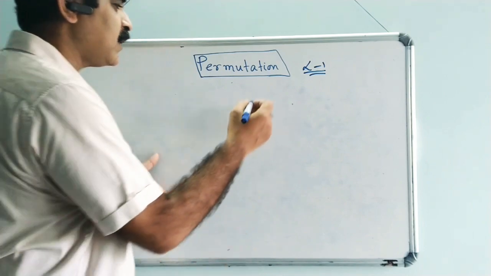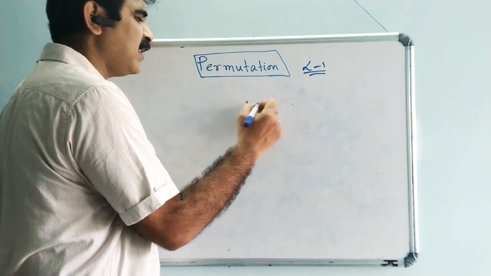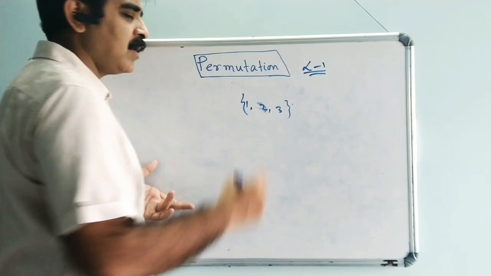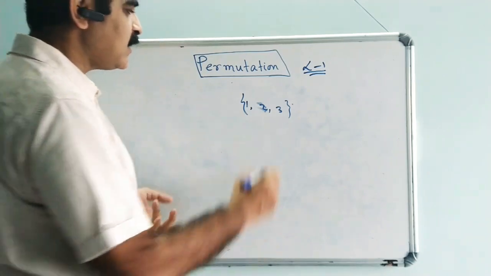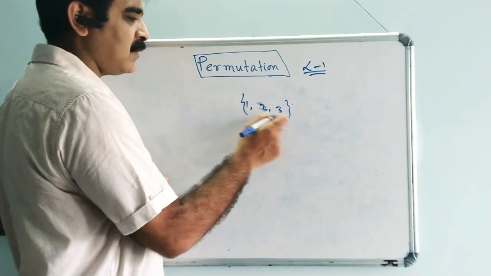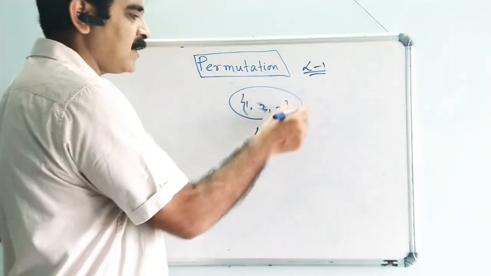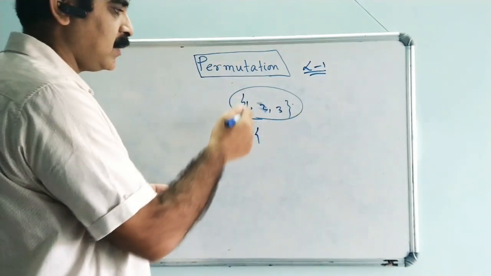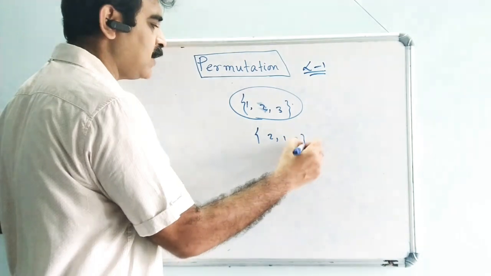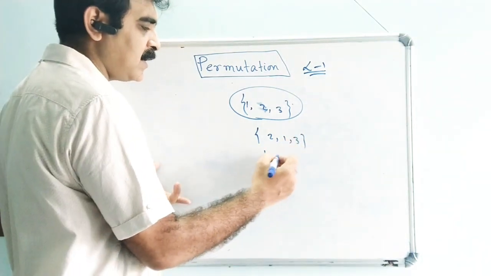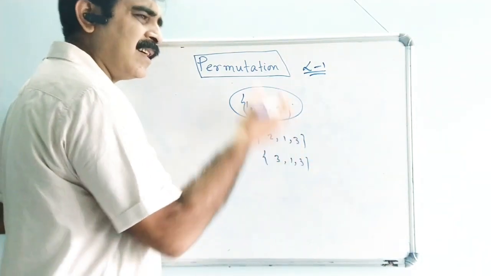As an example, if we take three objects, here three numbers, 1, 2, 3, we can arrange these numbers in different ways, and so on.